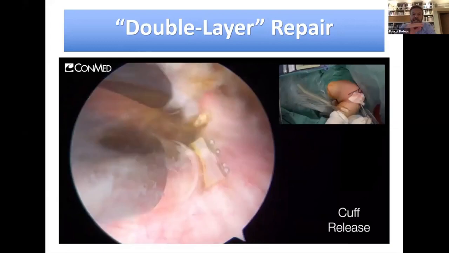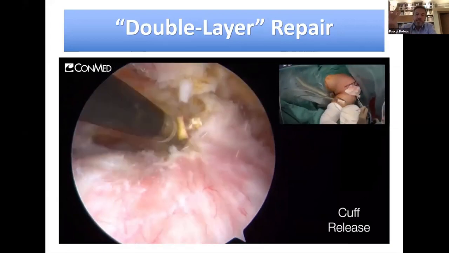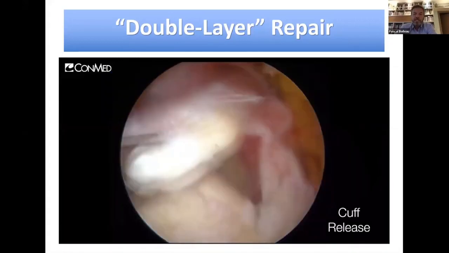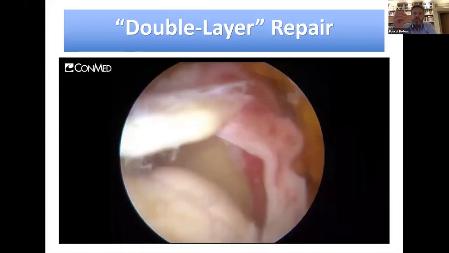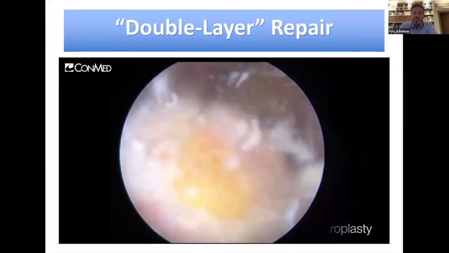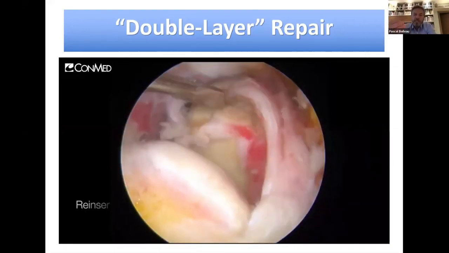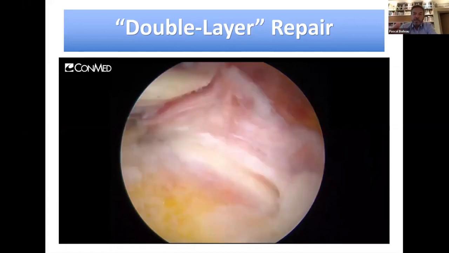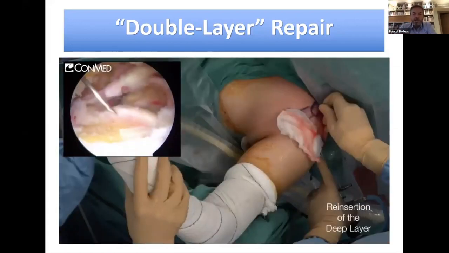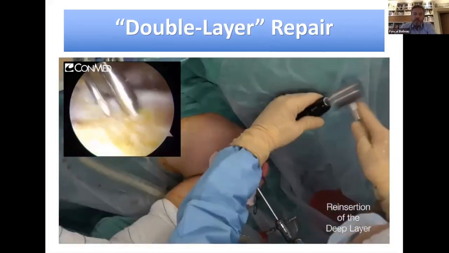You have a flat acromion. Now I need to release the cuff superficially from the base of the coracoid. As you can see here, this is like a mooring pile. The base of the coracoid is a mooring pile, and the coracohumeral is like the cord, and the supraspinatus is the boat. You have to cut the cord from the mooring pile if you want the boat to go on the ocean.